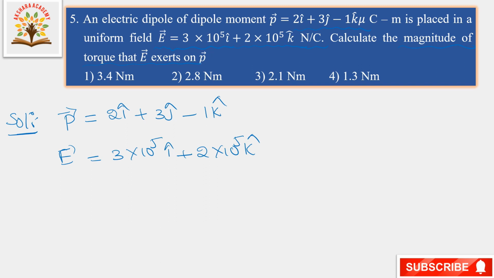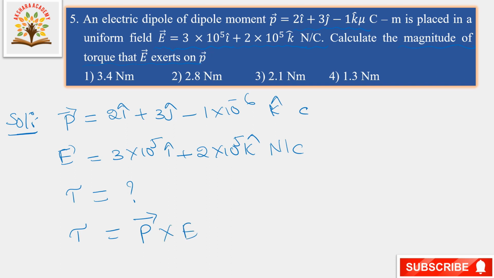This microcoulomb we are converting into coulombs, 1 into 10 to the power of minus 6 coulombs. This is Newton per coulomb. Now tau is equals to P bar cross E bar.